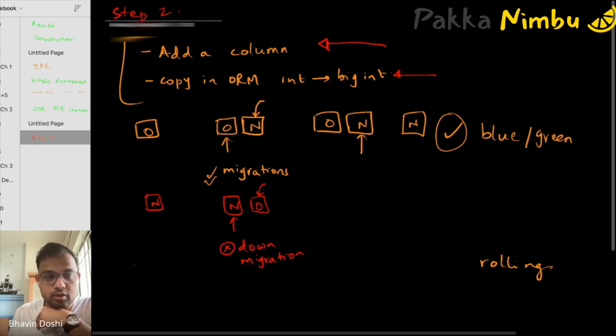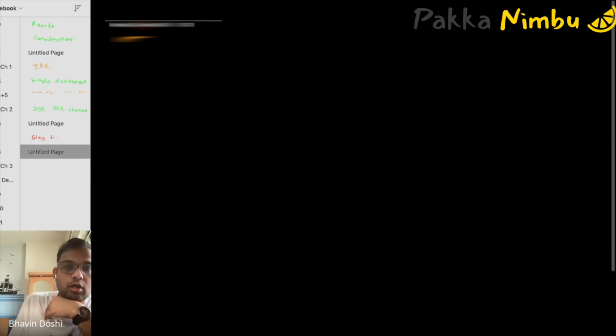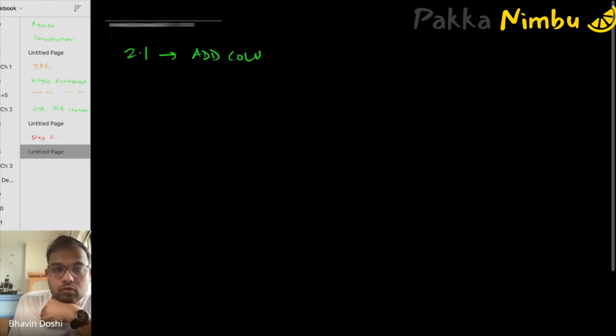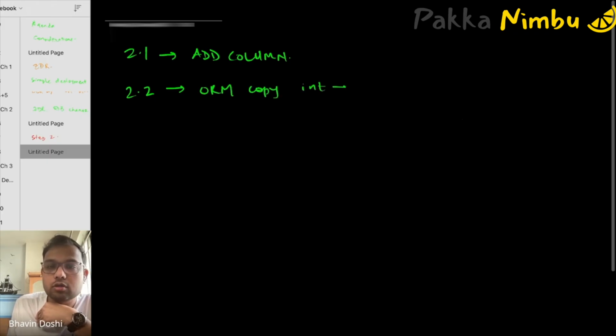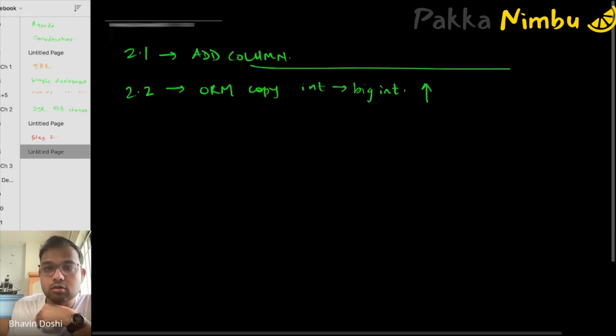So the right way to do this is to just add the column first. And then the second deployment is going to have the ORM having the copy of int to big int. Even if you roll this back, the column still is there. तो rollback में कोई पेन नहीं आएगा.